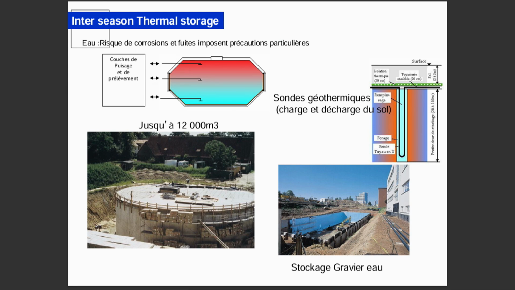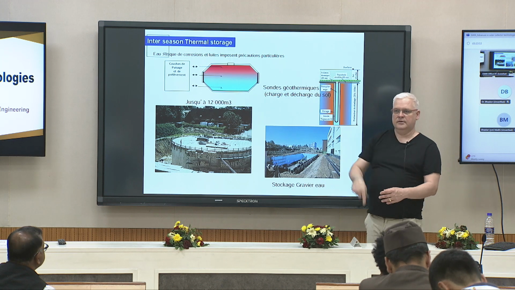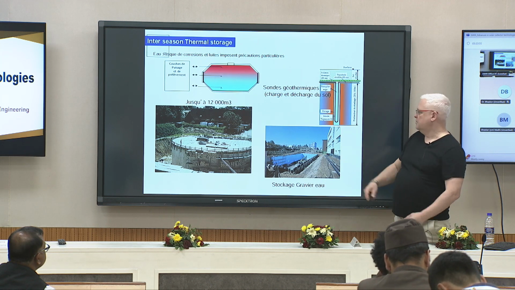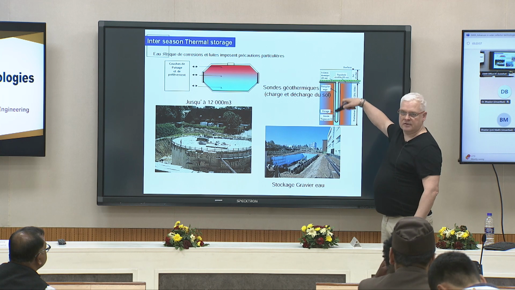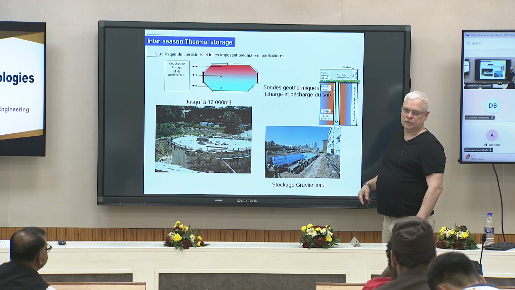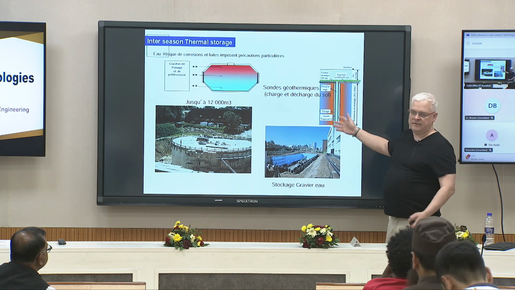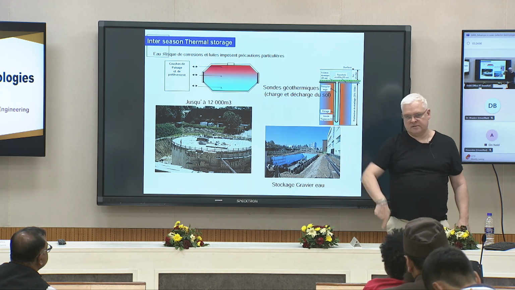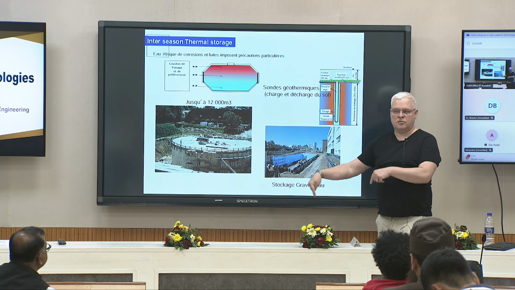Or you have now this kind of system that is more and more developed and less expensive, which is to make some boreholes and to inject the heat by the circulation of water inside the borehole in the ground. Okay, boreholes that could be 40, 50 meters deep, and many boreholes.